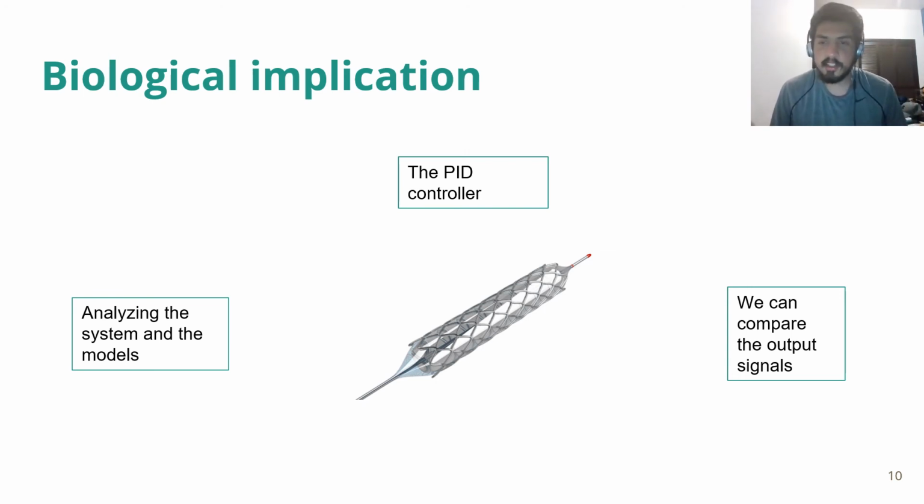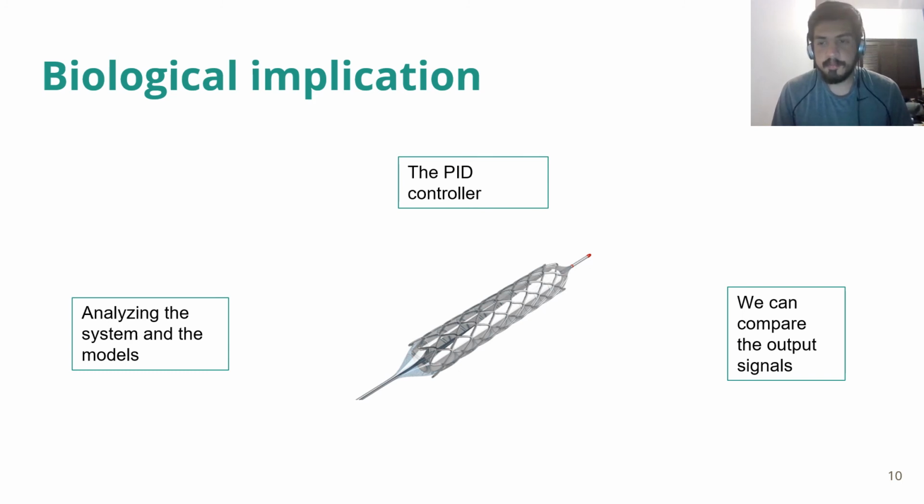We compare the signals, and we can see that modifying some parameters directly affects the pressure. And with the PID controller, we modify this signal to make it a normal signal.